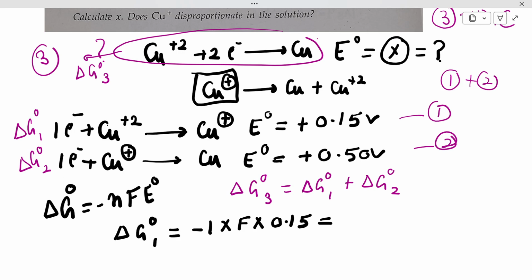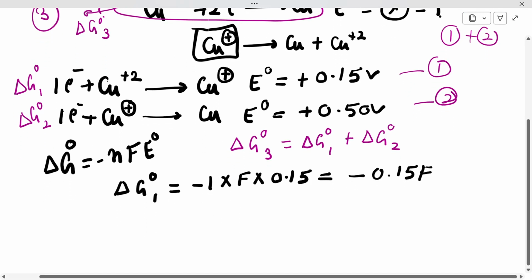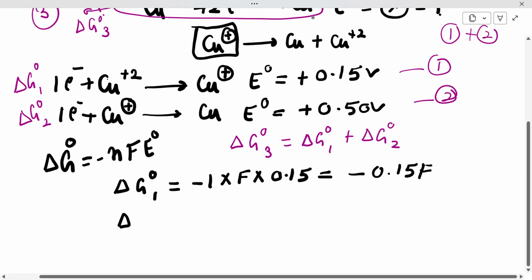And what is the value of E naught? That is 0.15. So our delta G naught 1 will become minus 0.15 Faraday.